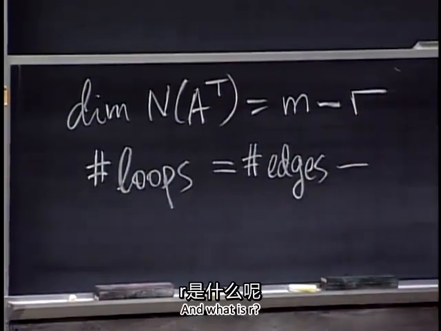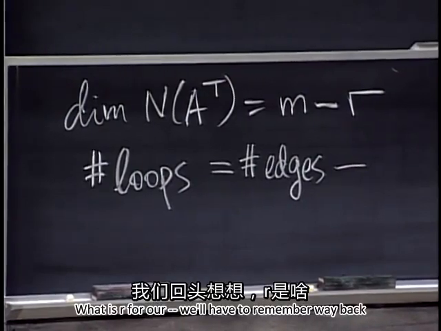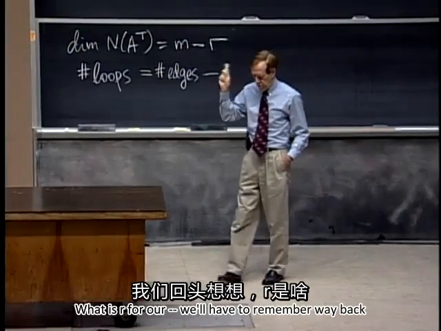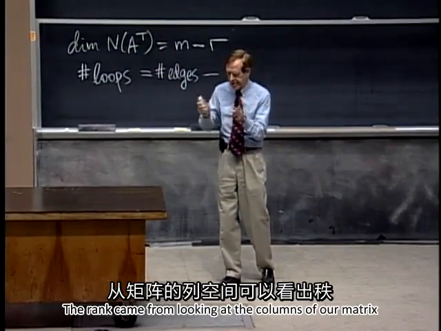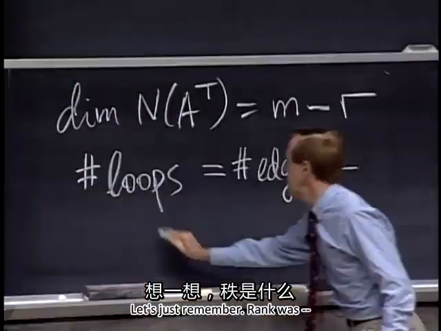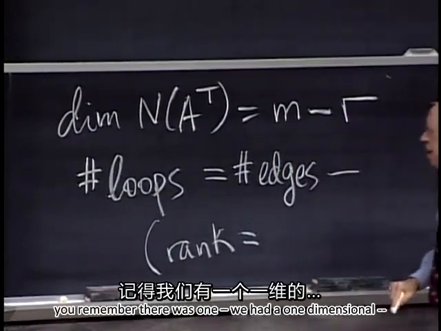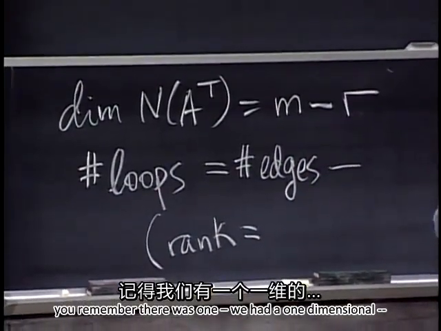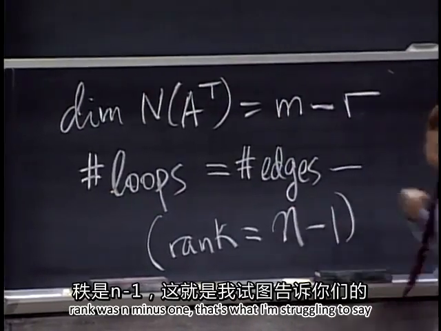And what is R? We have to remember way back, the rank came from looking at the columns of our matrix. So what's the rank? Let's just remember. There was a one-dimensional null space, the rank was n minus 1. That's what I'm struggling to say.